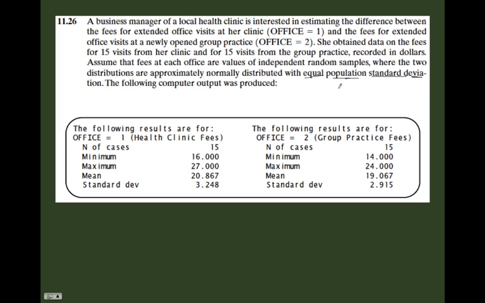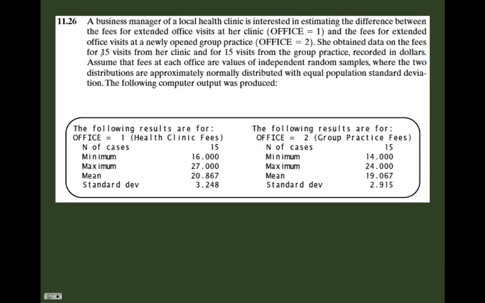So by stating that so explicitly in the problem, it means we must pool, or the answer in the back of the book, if there were one, would be to pool the standard deviation. And technically, the right answer would be to pool the standard deviations. Anyway, what we're going to do is calculate a confidence interval for the difference in those true means.